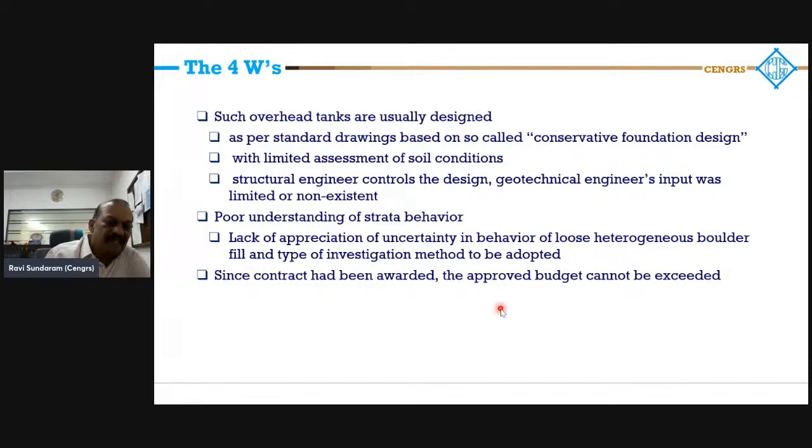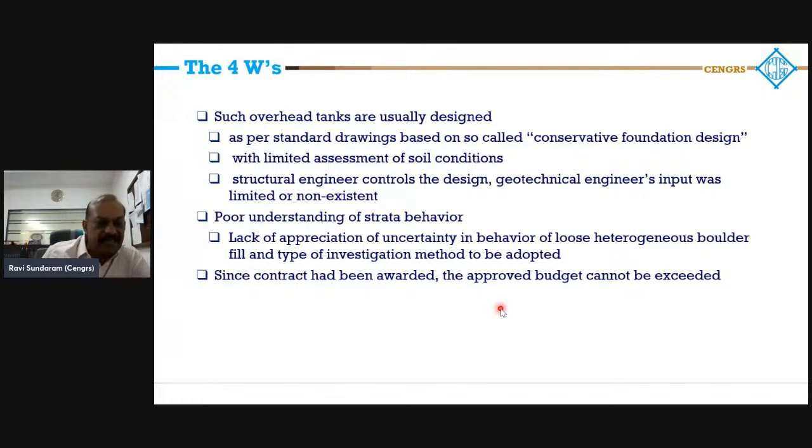As a result, there was very poor understanding of soil behavior, strata behavior, and lack of appreciation of the uncertainty in behavior of these loose heterogeneous boulder fill, and nobody knew what type of investigation should be adopted.